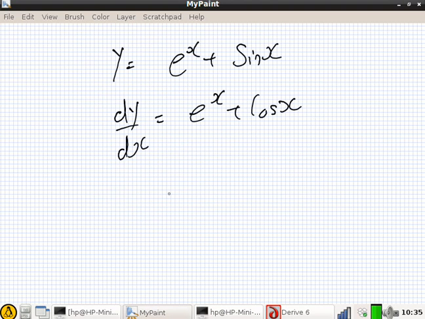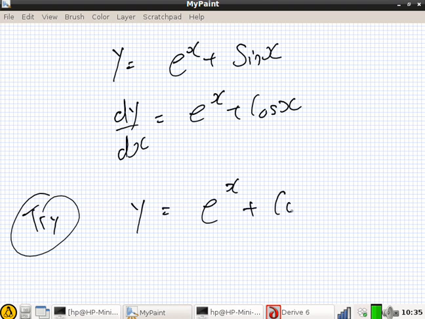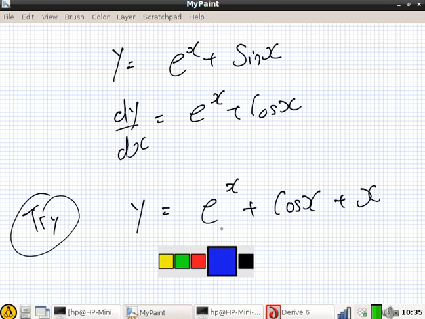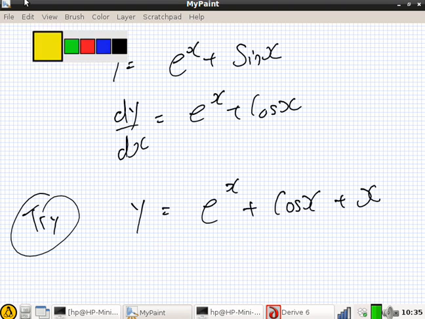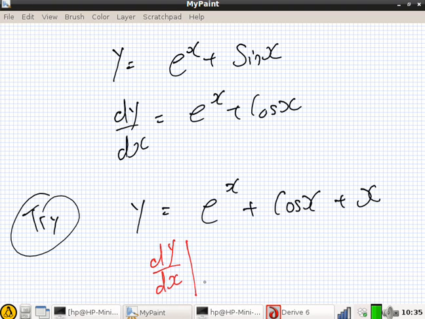Okay, I'll give you one to try now. So I want you to try this one. Y equals e to the x plus cos x plus x. And I would like you to calculate for me, I want to know what is the slope of the tangent when x is 1.